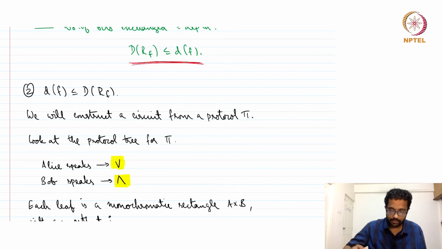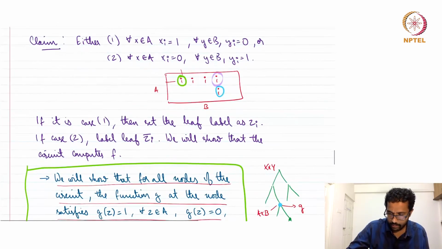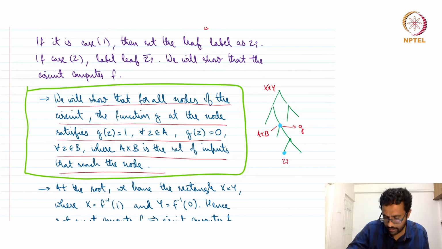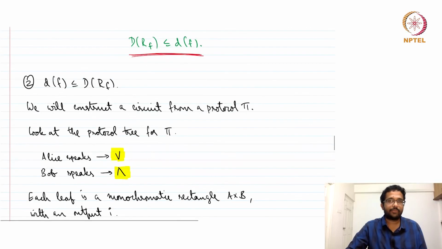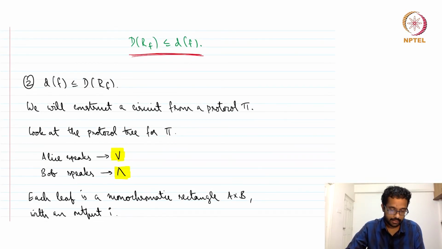And you can see clearly that the depth of this tree is equal to the complexity of the protocol. So we get that the depth of the function is at most the deterministic complexity of the relation.